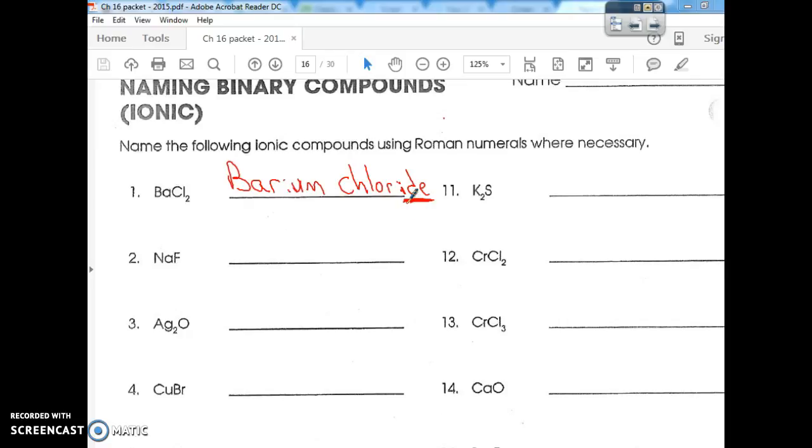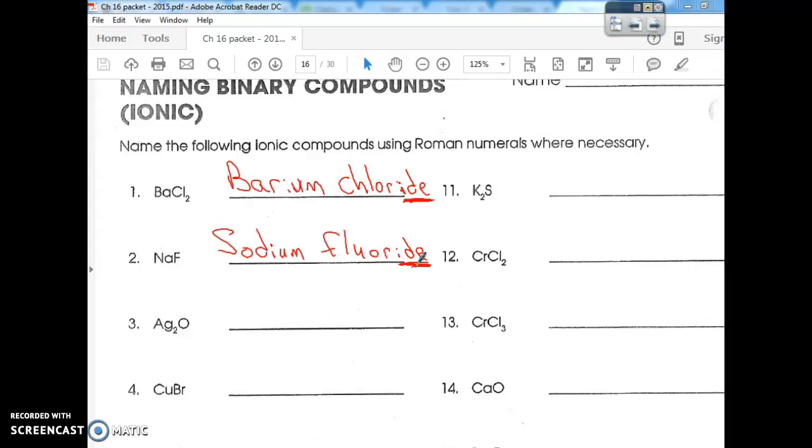If we look at number 2, you have NaF. You find Na on the periodic table. It is sodium. There are no small numbers in the upper right hand corner, so it just stays as sodium, and F is fluorine, so we write that as fluoride, again making sure it ends in IDE.